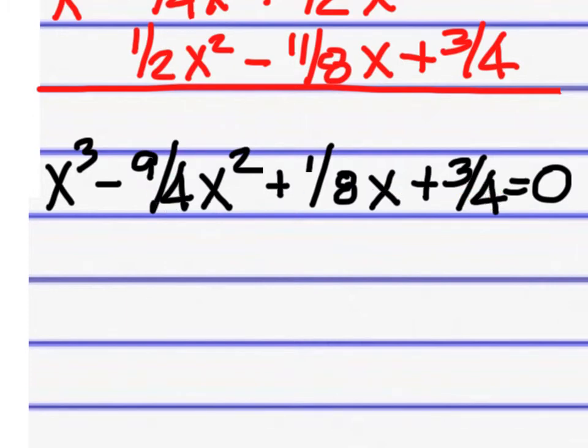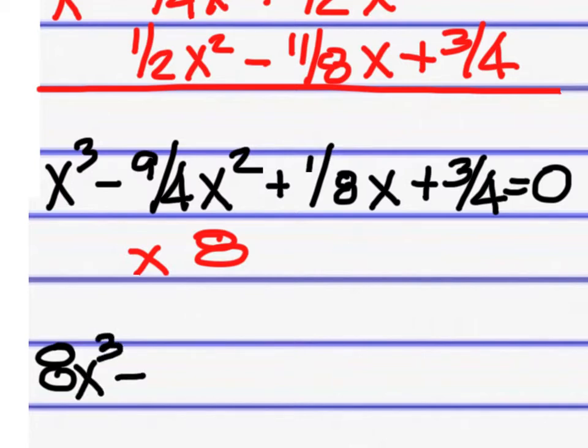If I multiply all of these by 8, I will come up with 8x to the third minus 8 times 9/4. 8 times 9 is 72. 72 divided by 4 is 18.